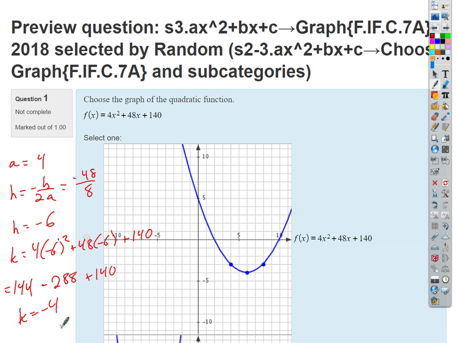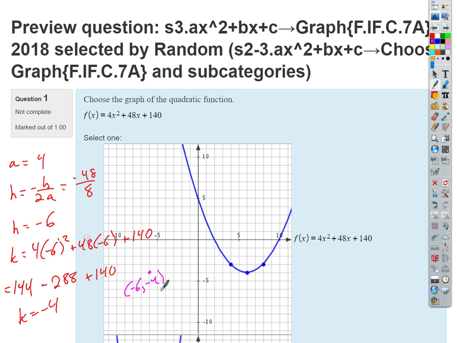So we can do this easily then, right? We know that the vertex is going to be at the point -6, -4. So it's going to be right there, and a is equal to 4. So we're gonna stretch out a normal parabola by a factor of 4.